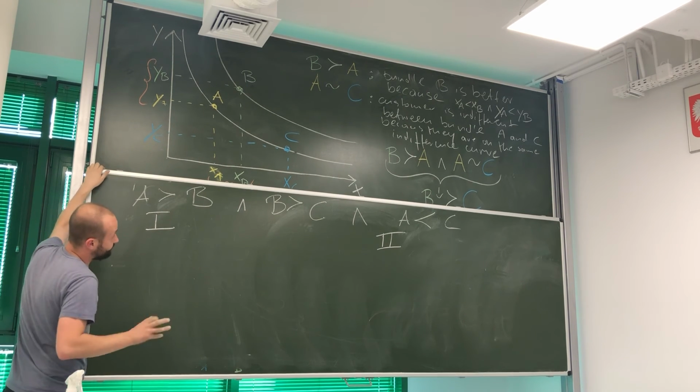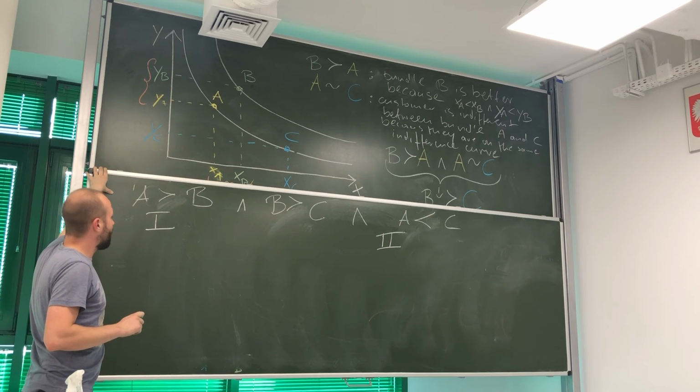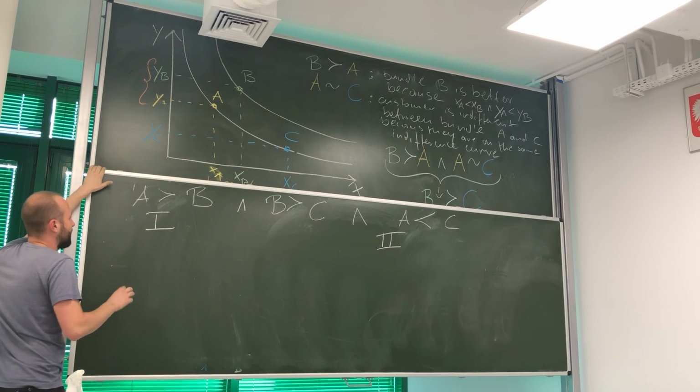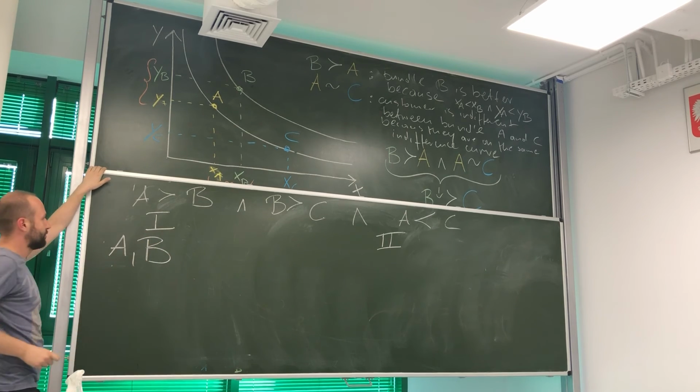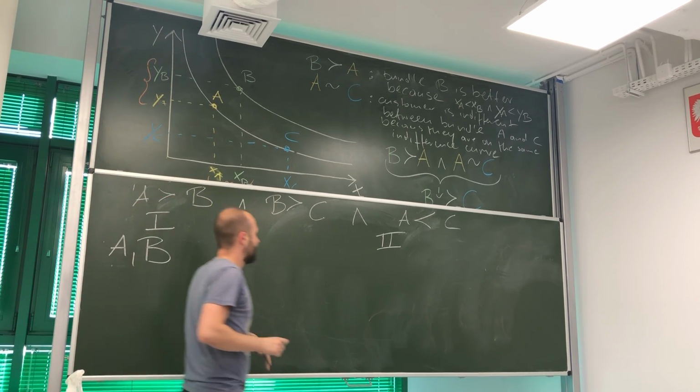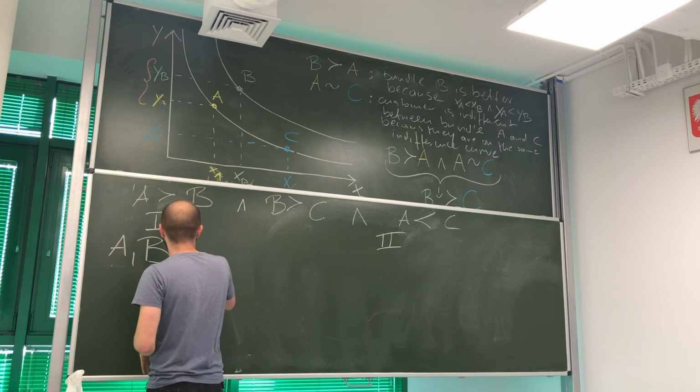Okay, so let's say that at the beginning, number 1 has 2 bundles, A and B, and has $3.